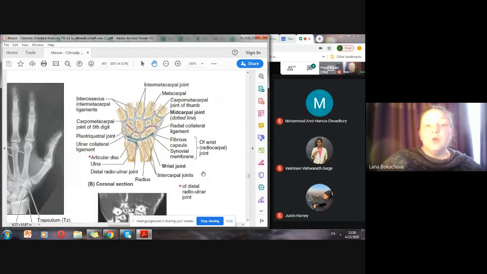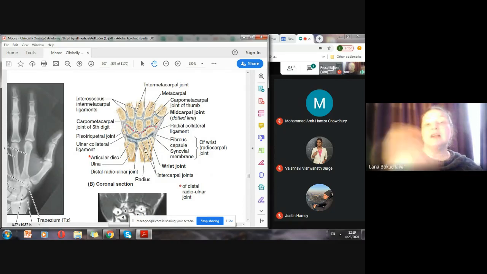Now, what is also interesting for us here is that we recognize not only the radiocarpal type of joints, but also the midcarpal joints, as you can see particularly here, which is located between the distal and the proximal rows of the carpal bones. So here you can see a very close association of the bony structures to each other, although it still allows some movement, most commonly flexion and extension at the region of the carpus.